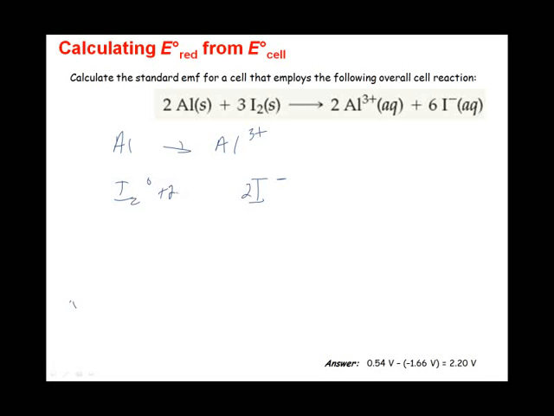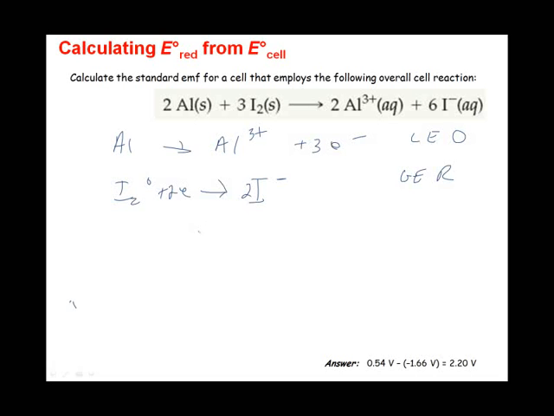So we need electrons on this side, and I'll need electrons on this side. I am losing electrons here, and this is going to be oxidation. Gaining electrons, this will be reduction. LEO the lion says GER, right?